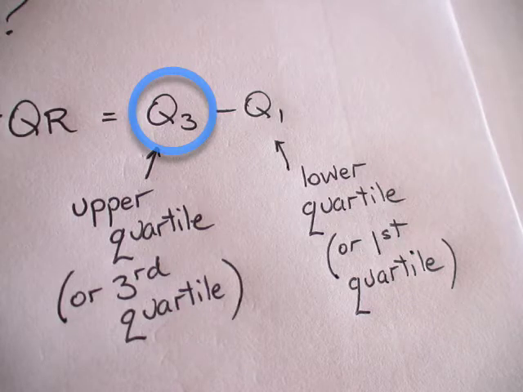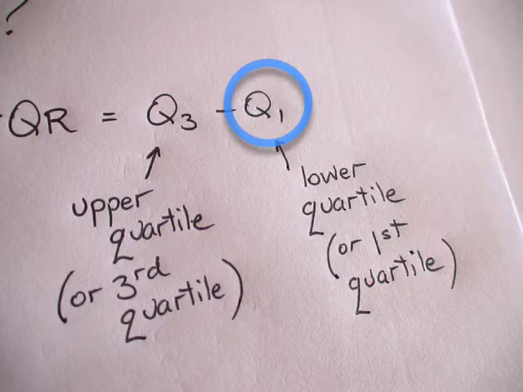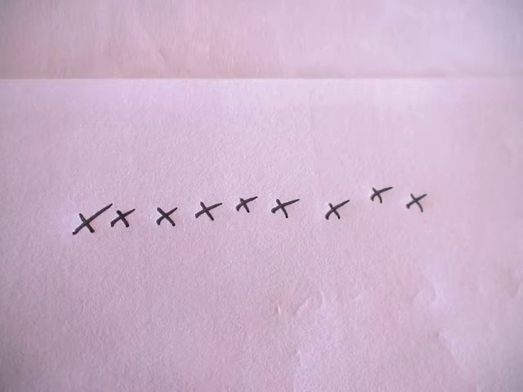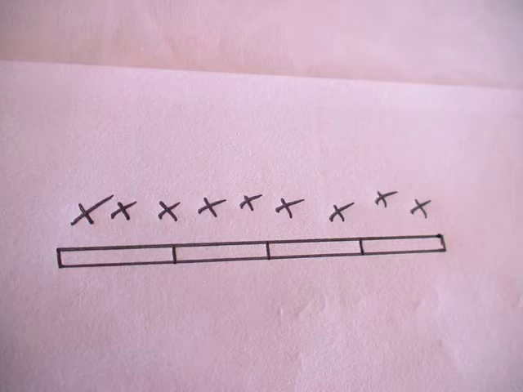Q3 is simply the upper quartile or the 3rd quartile value. Q1, the lower quartile or 1st quartile. To understand this a little better, imagine that I represented my scores, my numbers, just as a set of crosses. To make it simpler, I've got them ranked from lowest to highest. I divide that set of scores into 4 equal sections.